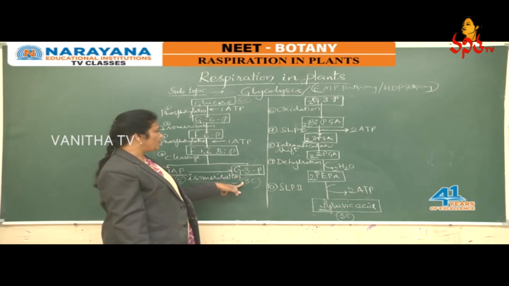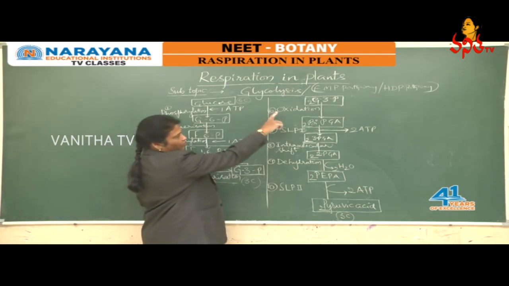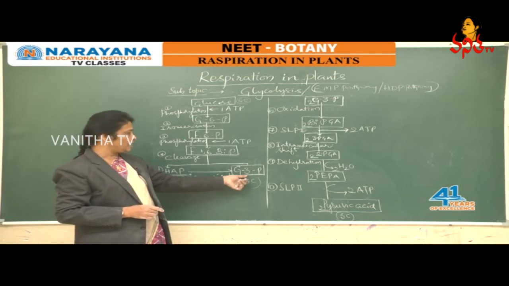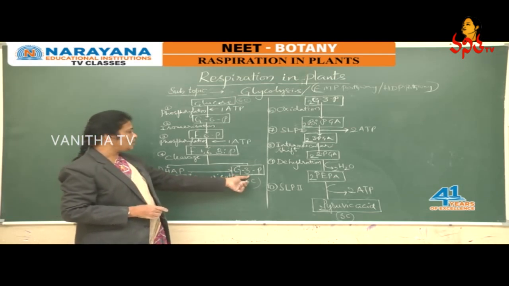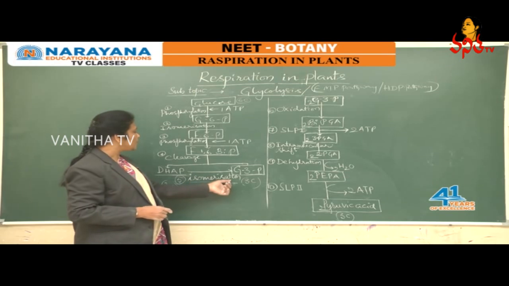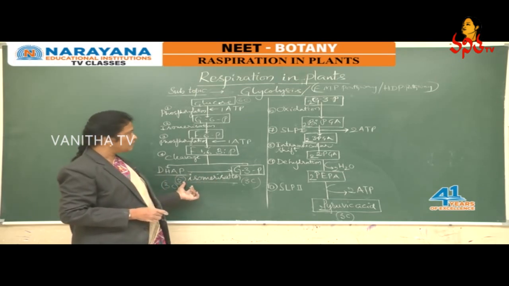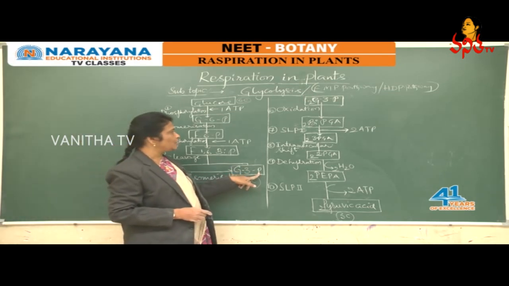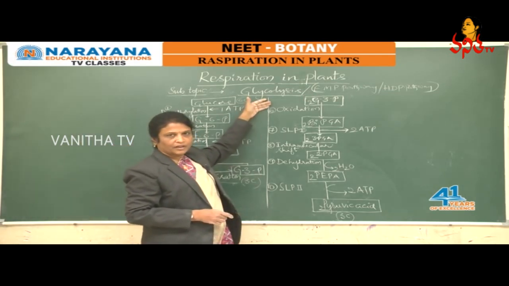So, now 2 G3P molecules we consider, because one G3P is directly formed by cleavage and the other G3P is added by the isomerization of DHAP. So, for one glucose, now let us consider 2 G3P molecules continuing the process of glycolysis.